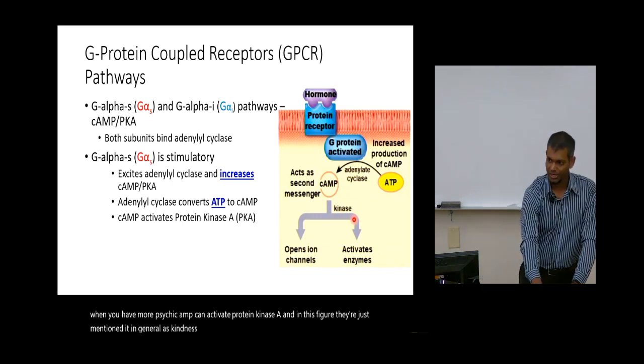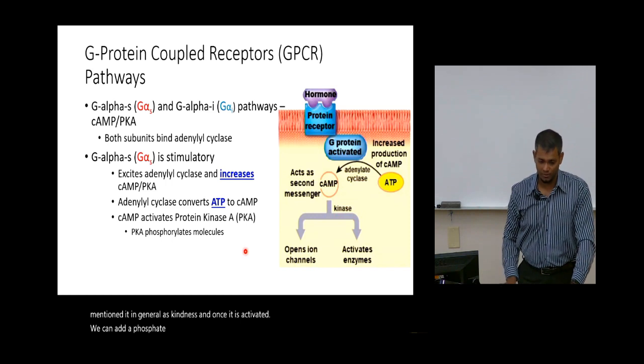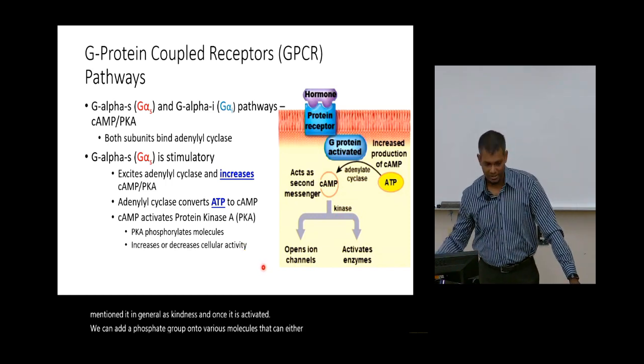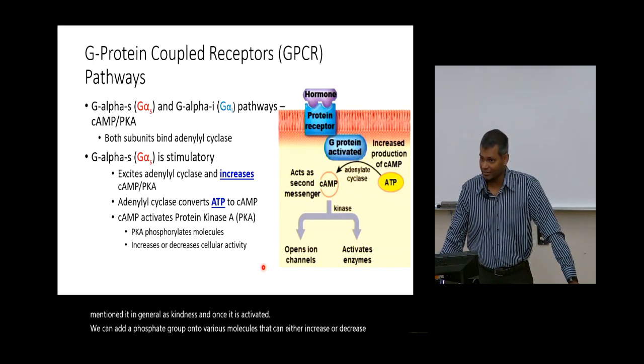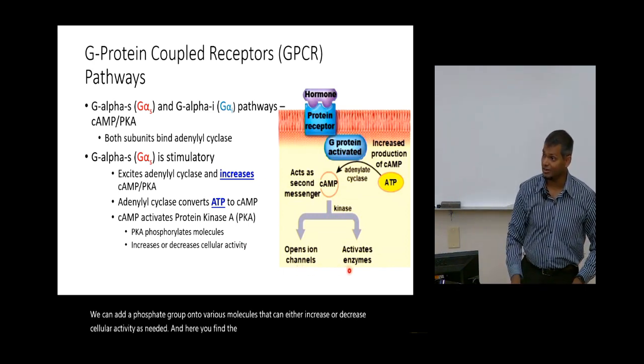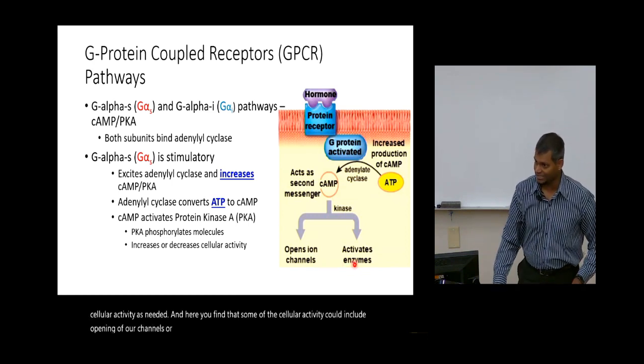Right? And once protein kinase A is activated, it can add a phosphate group onto various molecules, and that can either increase or decrease cellular activity as needed. And here you find that some of the cellular activity could include opening of ion channels or activating enzymes.